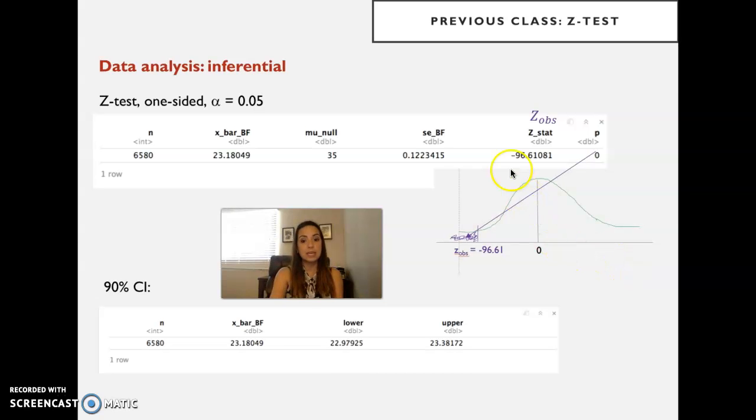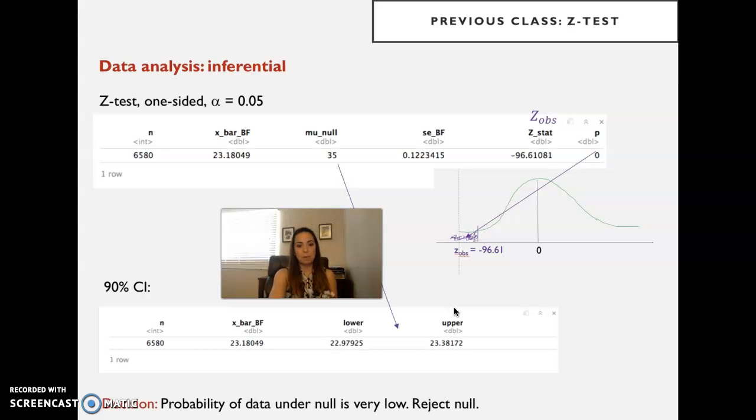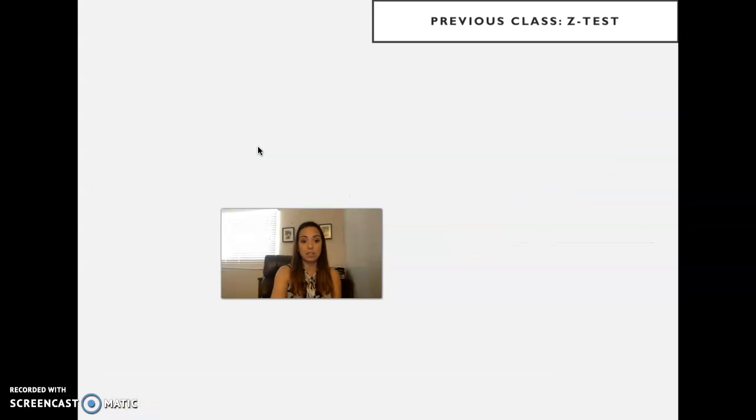We would not see such a large deviation from the mean. So we reject the null hypothesis, and that's consistent with the confidence interval. See that 35 is not in there, so the decision is that the probability of observing this X bar is very, very low, and then we reject the null hypothesis in favor of the alternative.